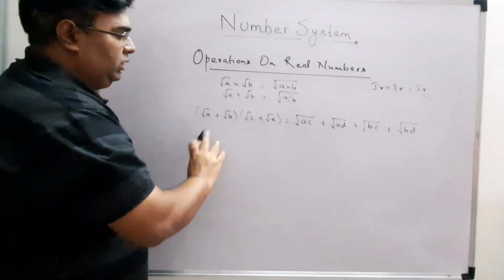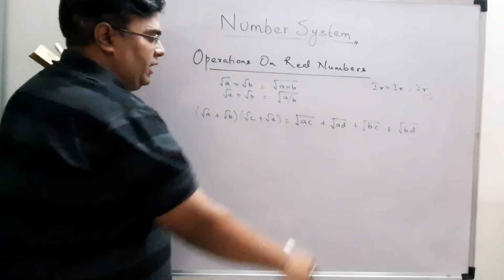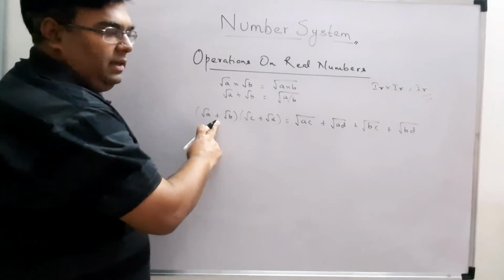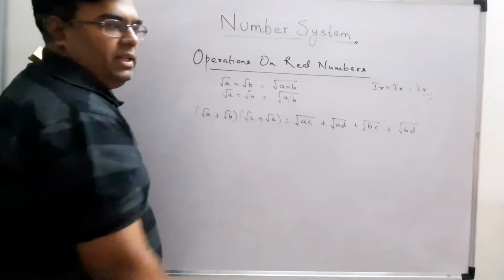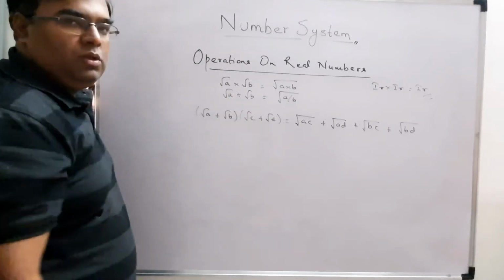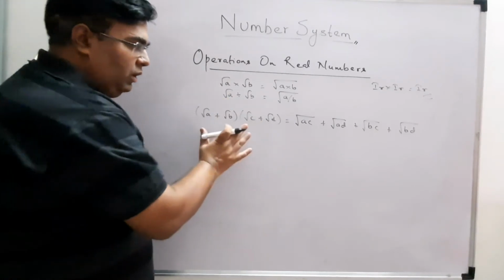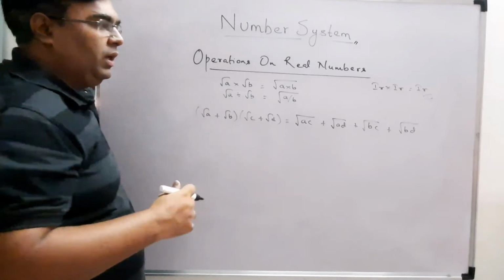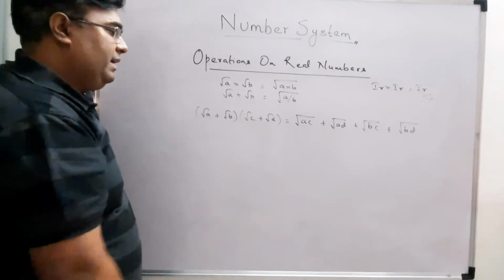Now if you change anything, it will also get changed. Suppose if you change the sign here, then the sign will also get changed wherever required. If you change the number also, it will be the same thing. So depending on this general formula, you can have different identities.